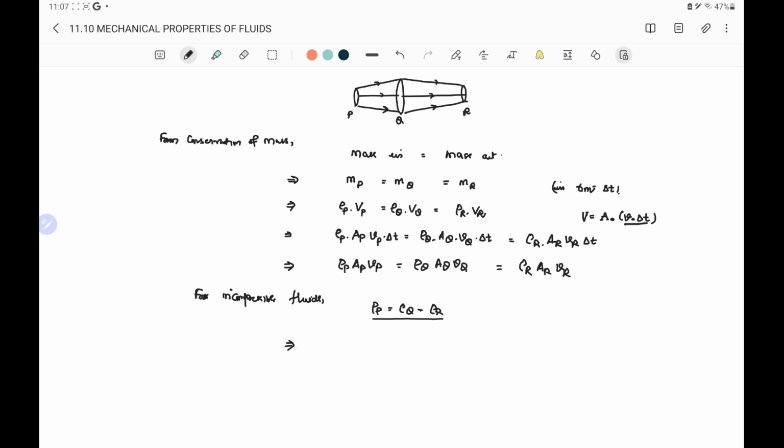This implies that we will have AP into VP equal to AQ into VQ, and it is equal to AR into VR. So we can conclude that A into V, where A is the area of cross section and V is the velocity of the fluid, is a constant.